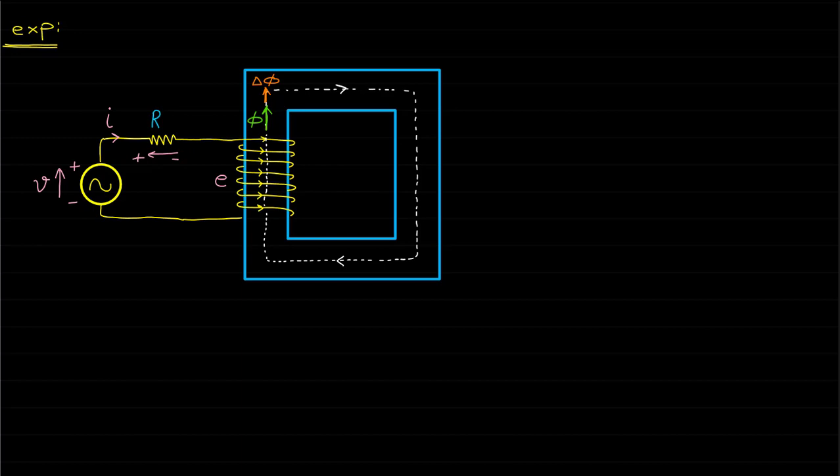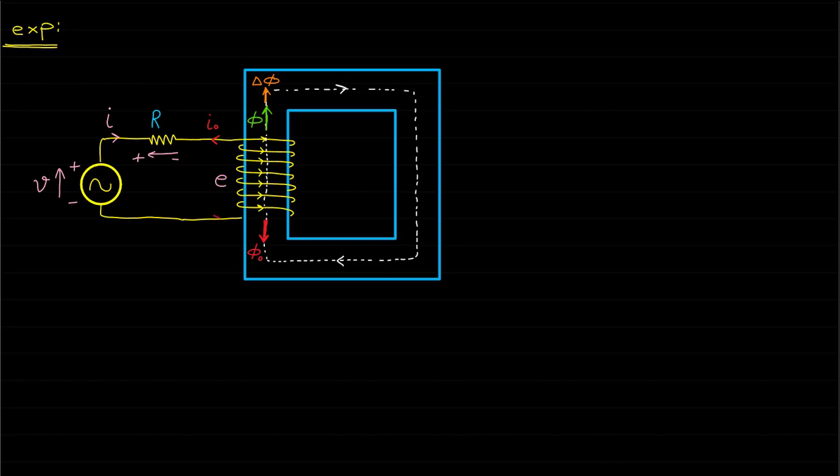In this example, the circuit is already closed through the AC source and the resistance R. Then we need to find the magnetic field that opposes delta phi. The magnetic field that opposes delta phi is denoted by phi O. Now we can identify the current direction that produces phi O based on the right-hand rule, and it is denoted by IO.